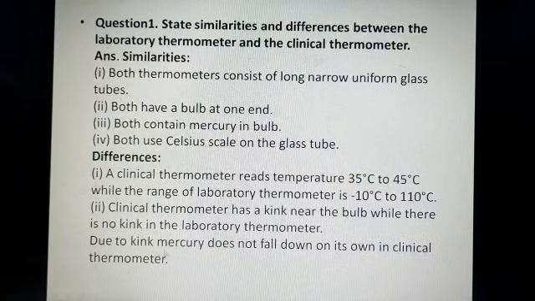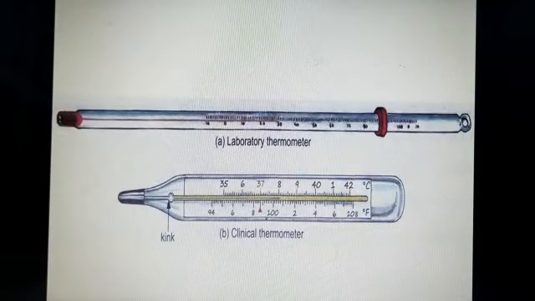Due to the nick, mercury does not fall down on its own in the clinical thermometer. Student, you see in this picture the nick is present in the clinical thermometer and it is not present in the laboratory thermometer.